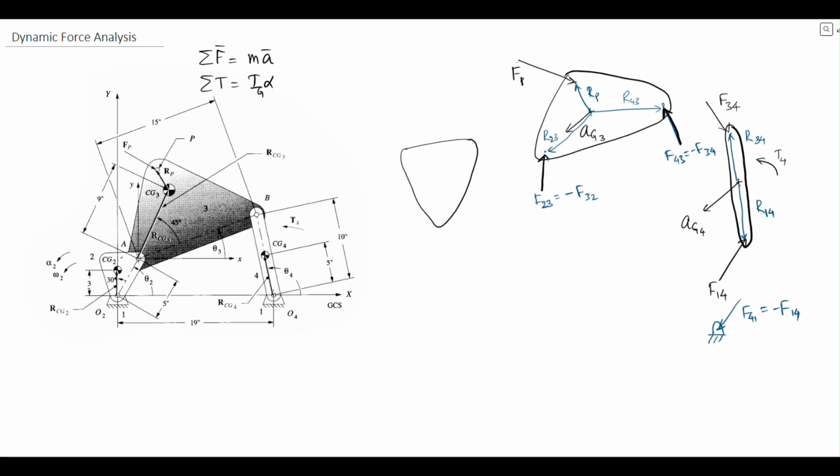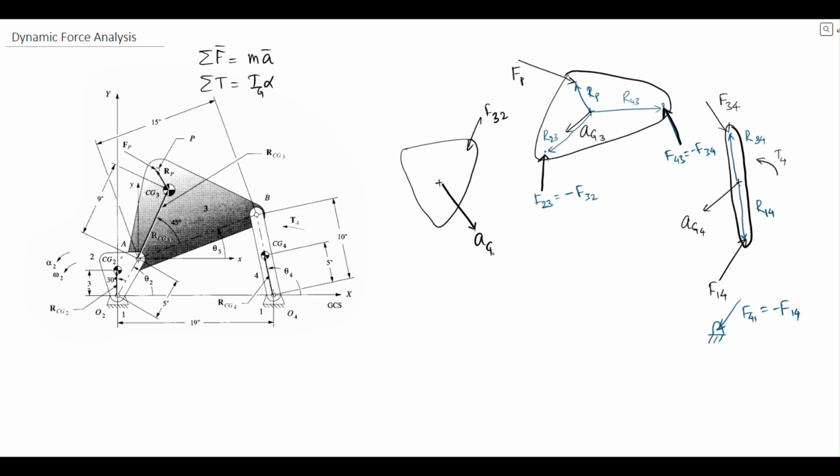Then we can look at this link here. Okay, let's go back to black. This is going to be F32, and there is a CG here which will have some acceleration.